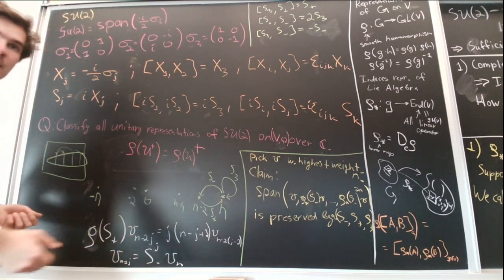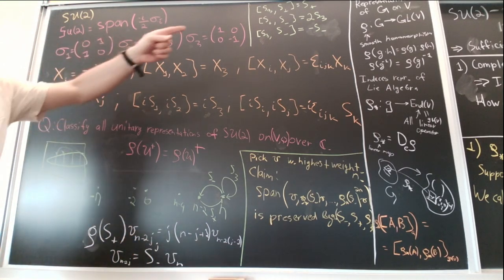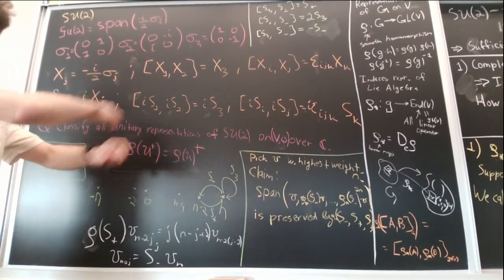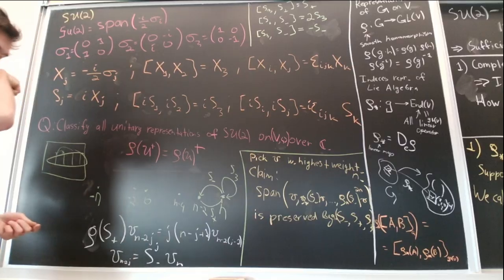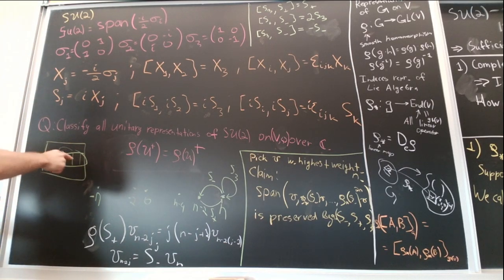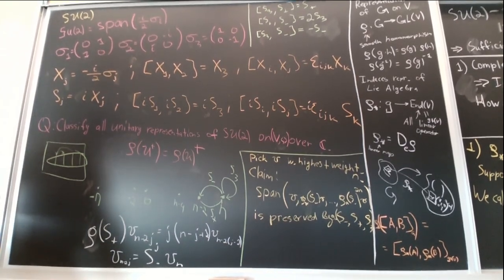Do you agree? Right? Because SU2 is simply connected, I can exponentiate the Lie algebra to get the entire Lie group. And so the entire Lie group will then also only act within the subspace, and it won't move anything from this subspace outside. Okay?